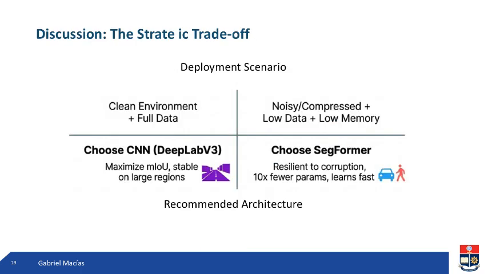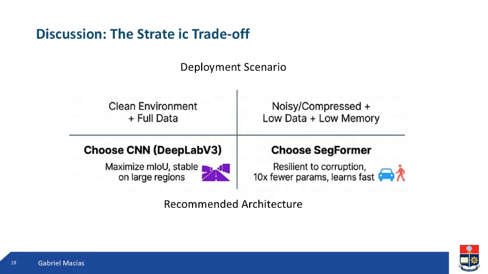This slide summarizes the strategic trade-off between CNNs and transformers, depending on the deployment scenario. In clean environments with full training data, the CNN baseline DeepLabV3 is the preferred choice, as it maximizes MIoU and produces more stable predictions over large, homogeneous regions. In contrast, for noisy or compressed settings with limited data and memory, SegFormer becomes the better option.